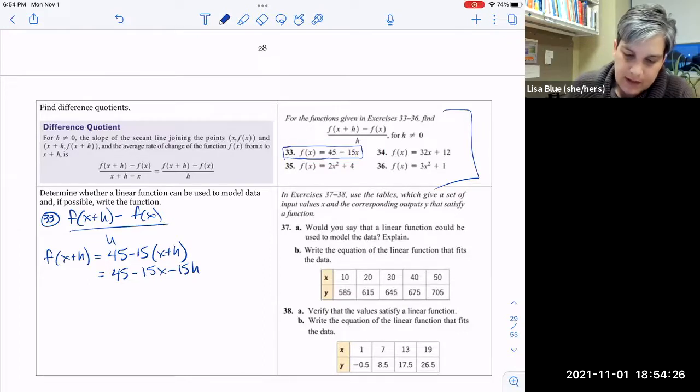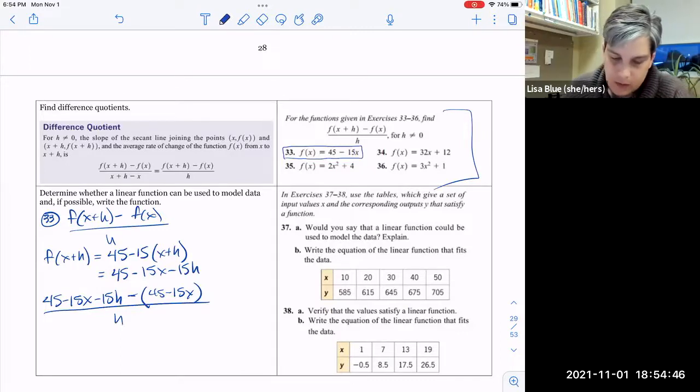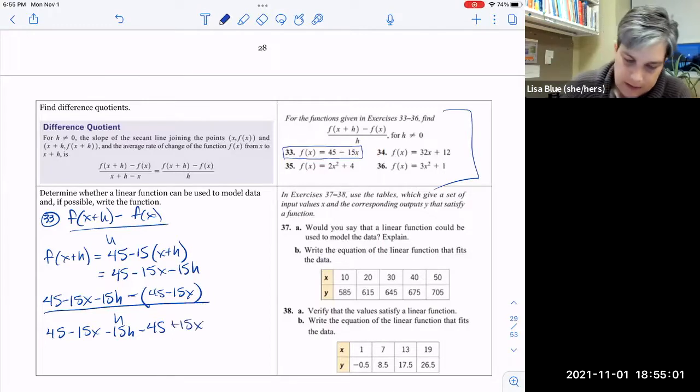Then if we put it together in this difference quotient, we're going to get f of x plus h, so 45 minus 15x minus 15h. Subtract from that f of x, our original f of x from question 33, which is 45 minus 15x. Then we're going to divide all this by h. When we distribute that negative, -1 times positive 45 gives us -45, and -1 times -15x gives us positive 15x.